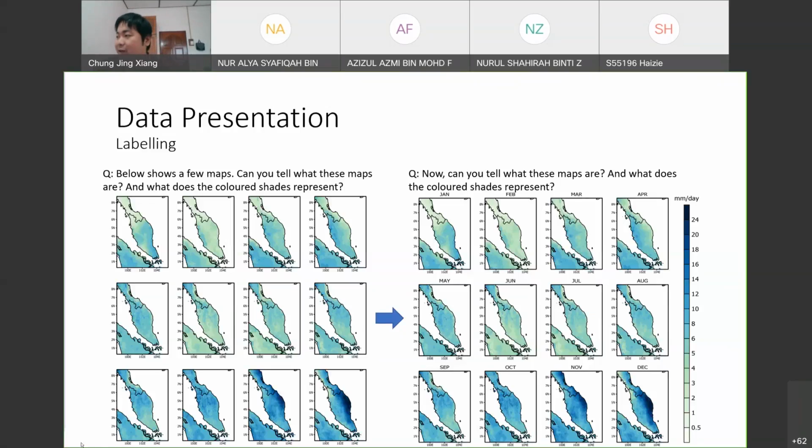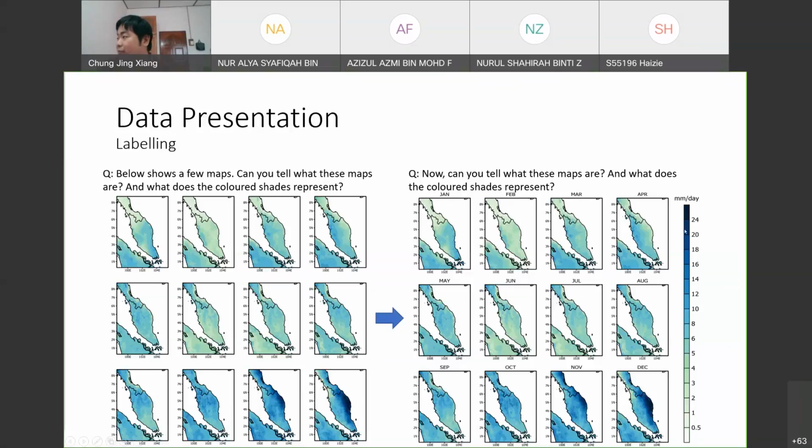You can see on the right side, we label it nicely. We know the first panel refers to January, the second panel refers to February, March, April, and so on. Of course, I included a color bar, which gives you an idea what the color means.